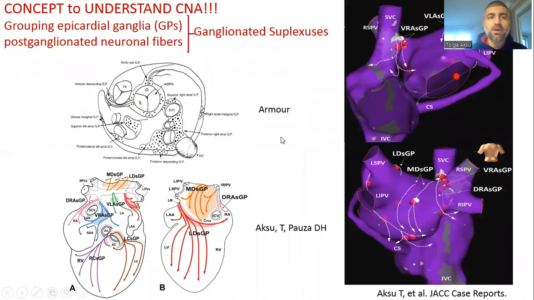So now we should understand that the real concept consists of some well-defined atrial parts.